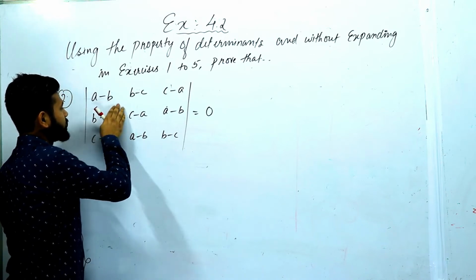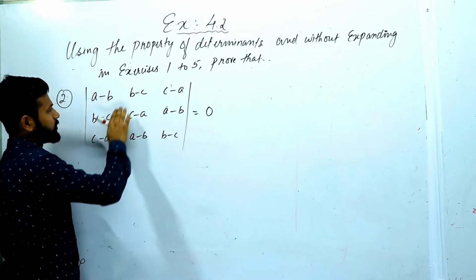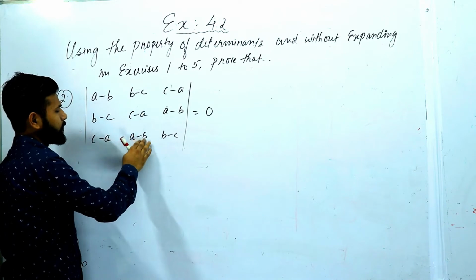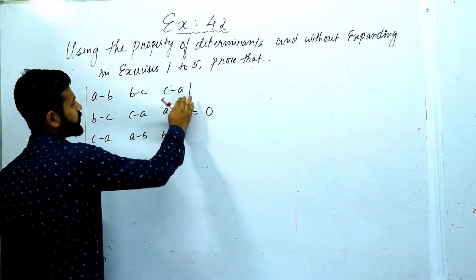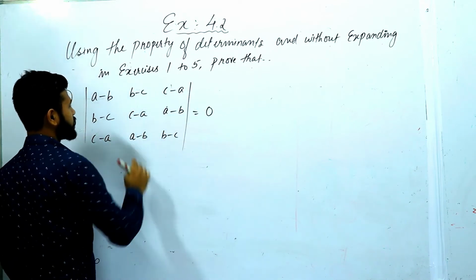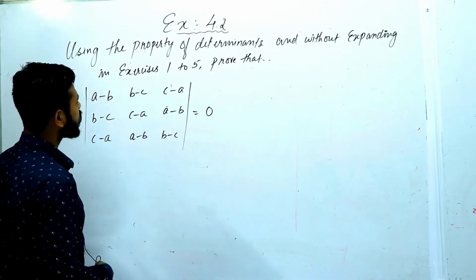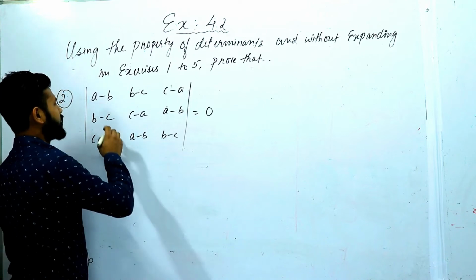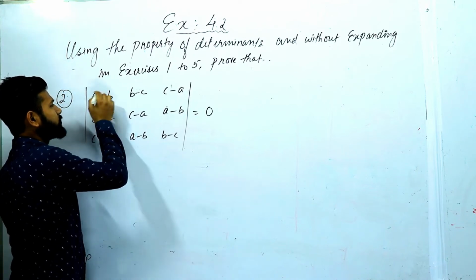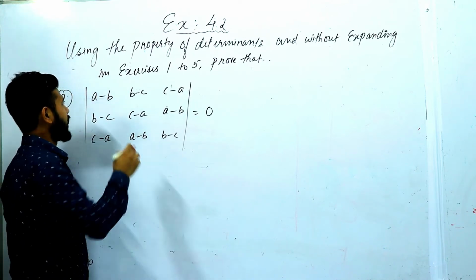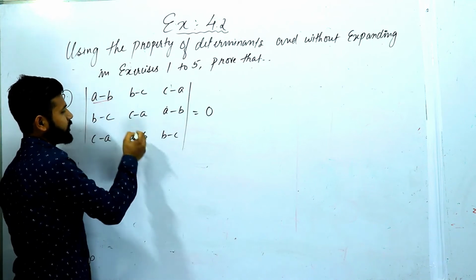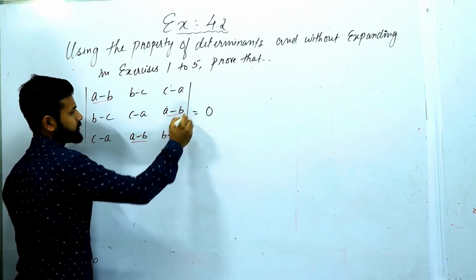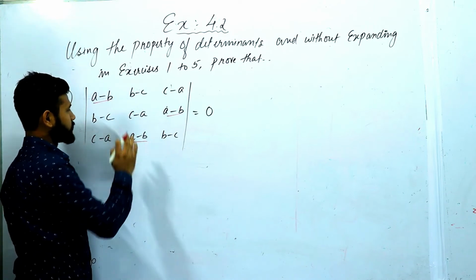So a minus b, b minus c, c minus a; b minus c, c minus a, a minus b; c minus a, a minus b, b minus c. These are the three columns. One common thing we can observe is that the same type of element is repeated. In the first column, the first element is a minus b, and a minus b is present in the other columns too.